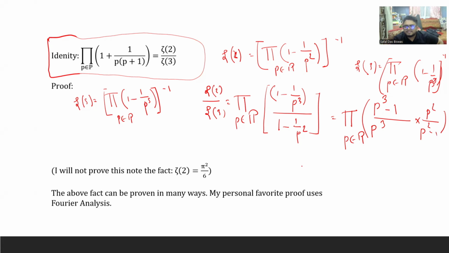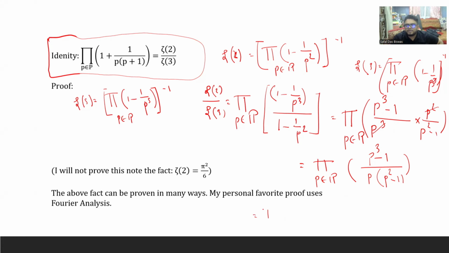And this is actually the product over p belonging to P, where p cubed and p squared cancel, so p cubed minus 1 by p into (p squared minus 1), right?